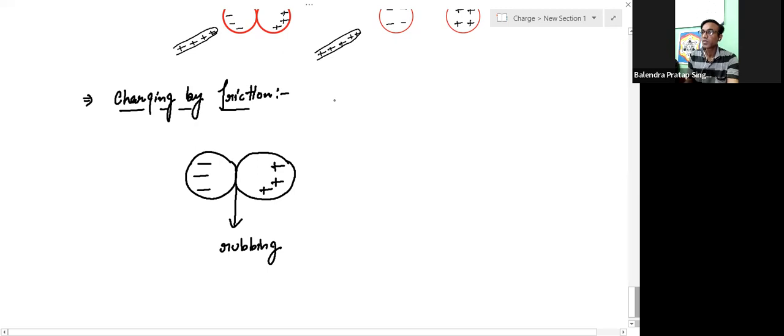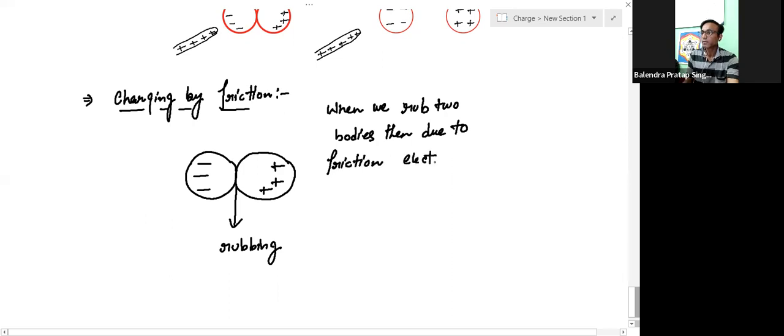Okay, so you can write: when we rub two bodies, then due to friction, electrons get transferred from one body to another body.